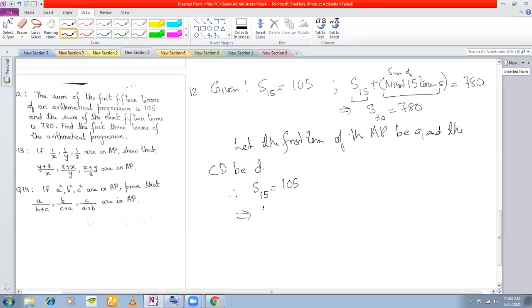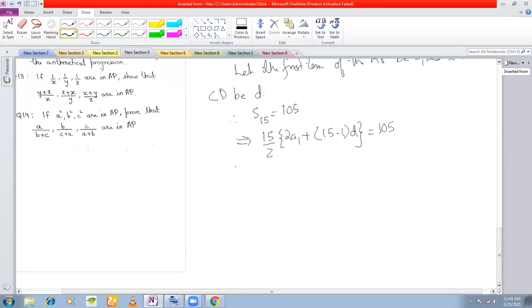So use the formula for the sum, n by 2 into twice A1 plus (15 minus 1) into D, which is equal to 105. Cross multiply: 15 times (twice A1 plus 14D) is equal to 105 into 2. That means twice A1 plus 14D is equal to 105 into 2 by 15, right?